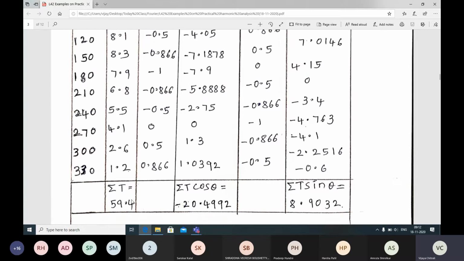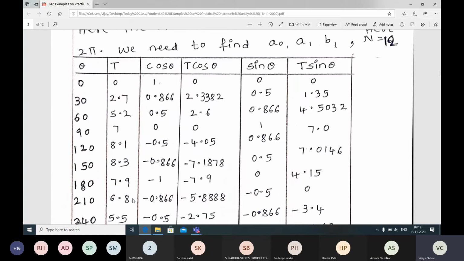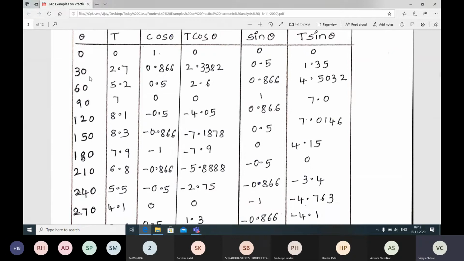Now we want summation of T cos theta and summation of T sin theta. For that, first calculate cos theta. In place of theta, substitute these values. For theta 0, cos 0 is 1.